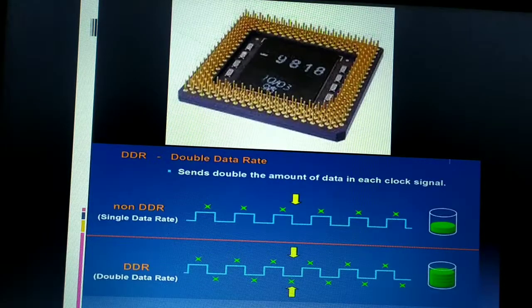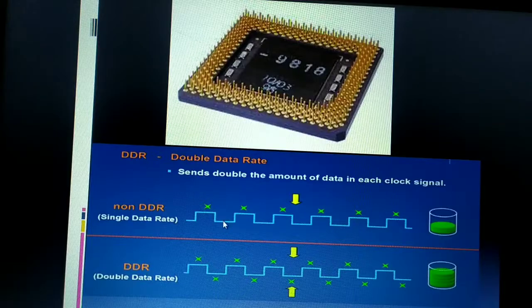Now here I'll just show you an example. This is a non-DDR. Any RAM slots like synchronous dynamic random access memory, usually they will transfer the data to the CPU only at the rising edge of the clock signal. Usually in the computer system we will be having a clock signal. Whenever the clock signal rises, that means whenever your signal is high, that is 1, then the data will pass.